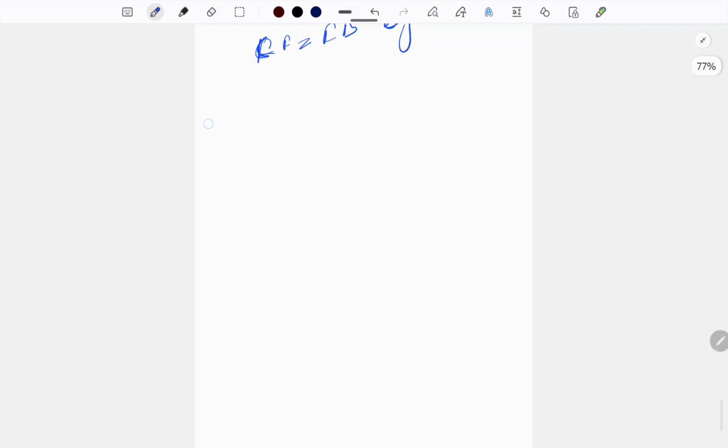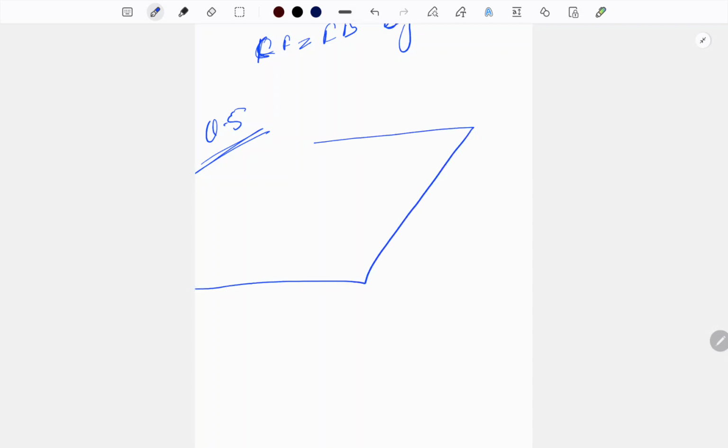Question number 5. It is given ABCD is a parallelogram. E and F are the midpoints of sides AB and CD respectively.